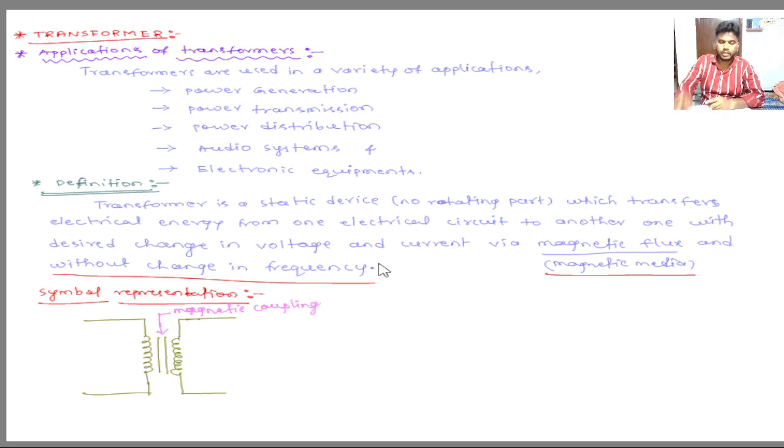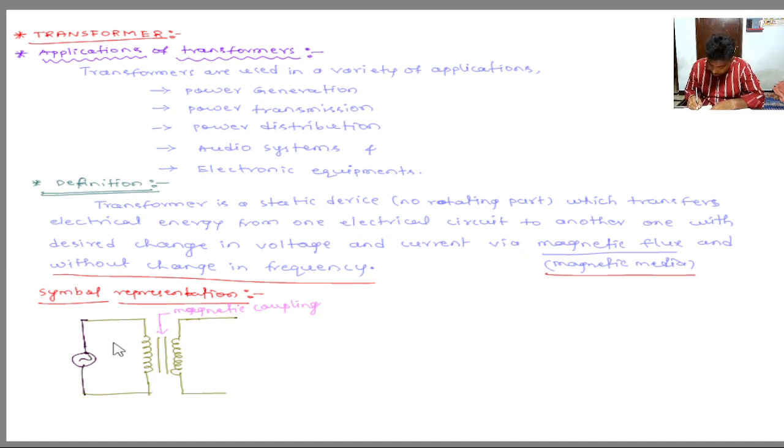In these two windings, one winding acts as the primary and the other acts as the secondary. We don't know which one is primary and which is secondary. To know the primary and secondary of a transformer, simple: listen carefully, the winding which is connected to the supply. Suppose this winding is connected to the AC supply.